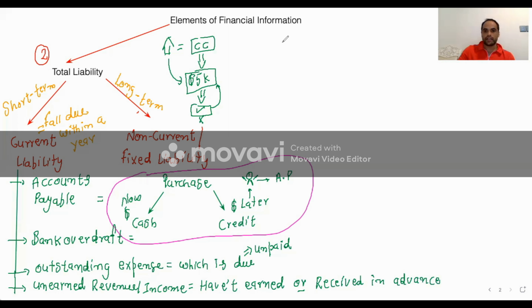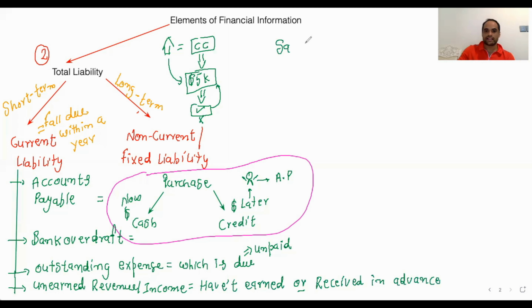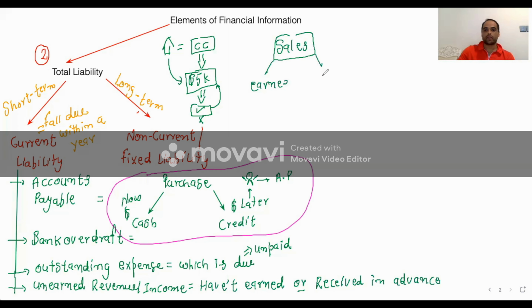Now, what is that? Income means sales. There are two types of income. One is earned income, and the second one is unearned income. Obviously, we are talking about unearned income. What does it mean, earned?